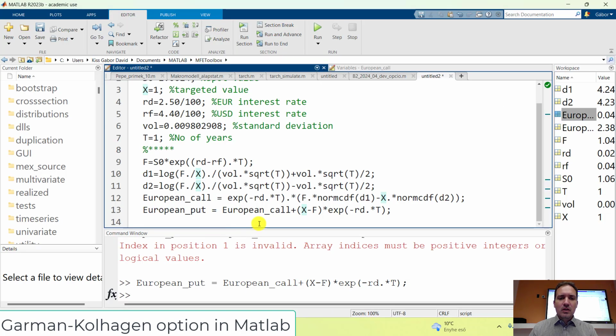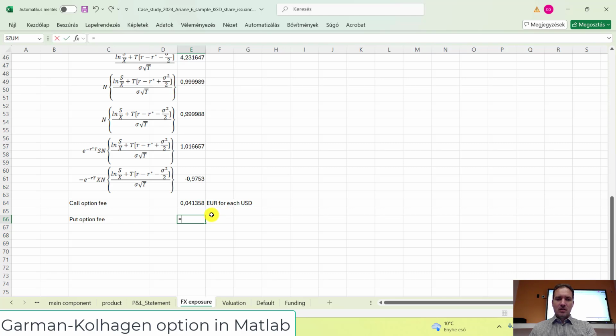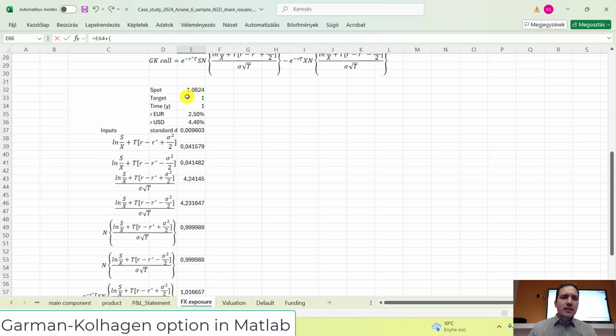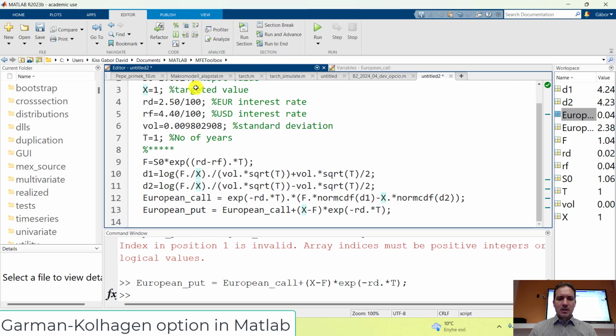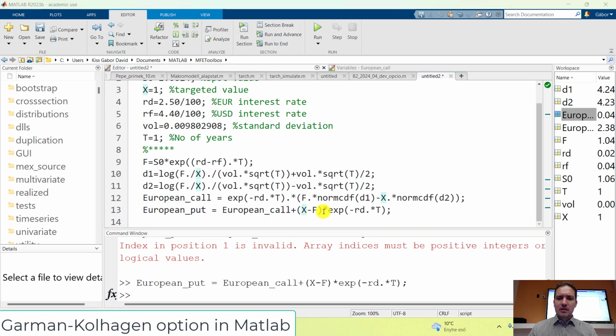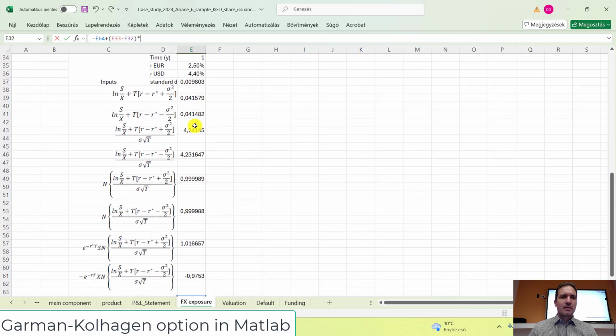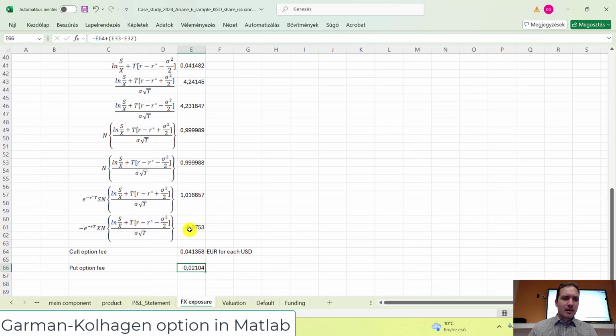So equal European coal plus targeted rate minus the spot rate, bracket closes, multiplied by the Euler number. Okay, then I need to collect the Euler number from here.